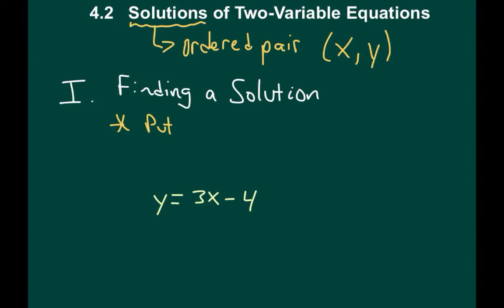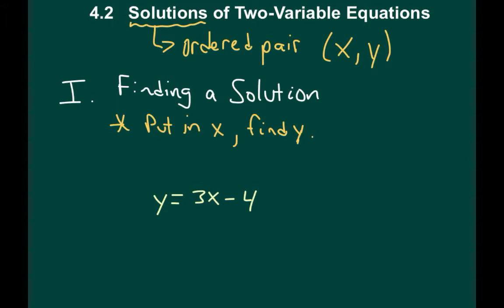So to find a solution, I'm going to write: put in x, comma, find y. The reason it's a whole lot easier is equations are typically written with the dependent variable, the y value, by itself. So x is in the middle of a whole bunch of numbers, so it's a lot easier to find y if you know what x is.